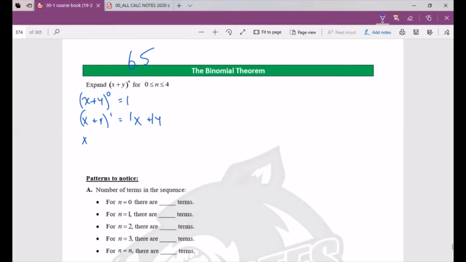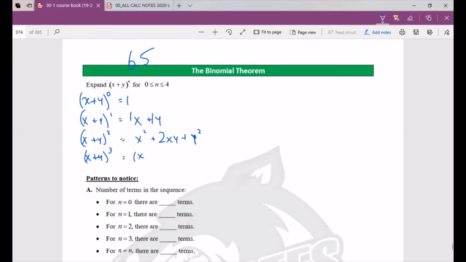When we expand out x plus y squared, and we distribute, this becomes 1x squared plus 2xy plus 1y squared. So these we know, and that's not that big a deal. We've seen all of that before. But if we're needing to expand out x plus y cubed, there's a couple ways of looking at what's going on here.